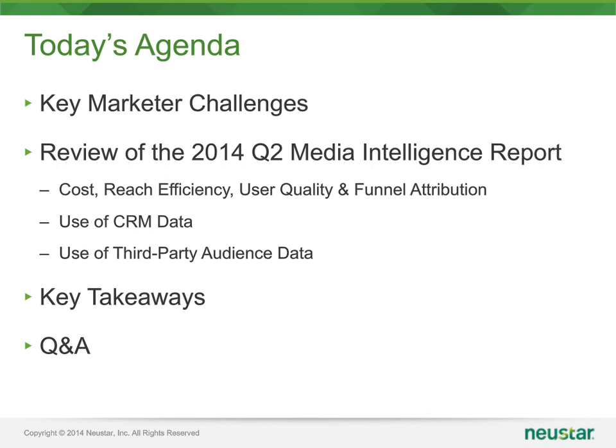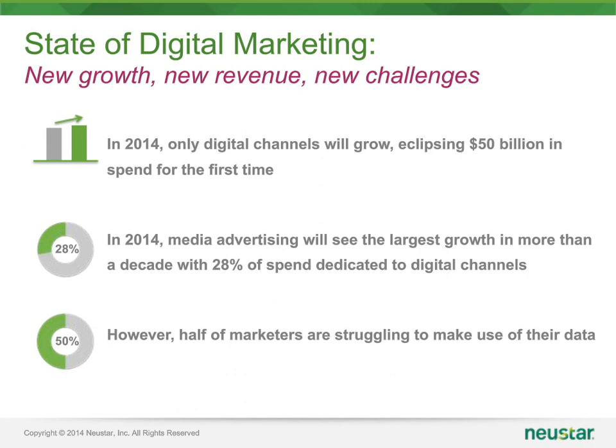So really, 2013 was sort of the tipping point for digital, and IAB told us that for the first time marketers were spending more on digital than on broadcast, and that's across mobile, social, video, and display.